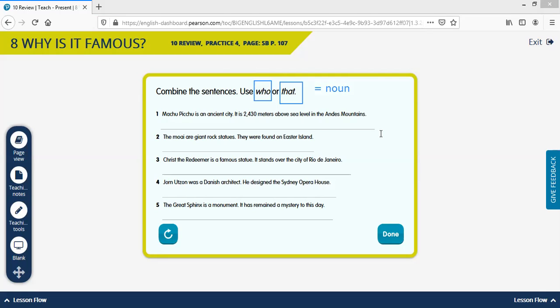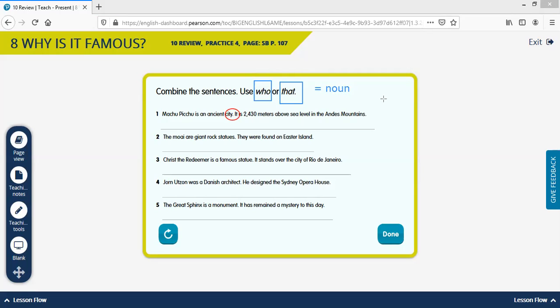So let's start. We're going to have the connection between two sentences, all right? In sentence number 1, we say Machu Picchu is an ancient city. It is 2,430 meters above sea level in the Andes Mountains. Okay, first thing to connect is the city with it.